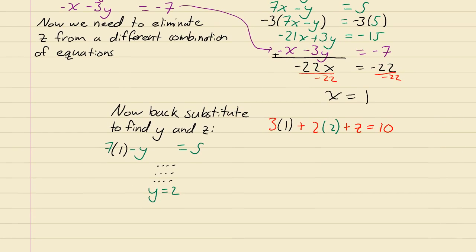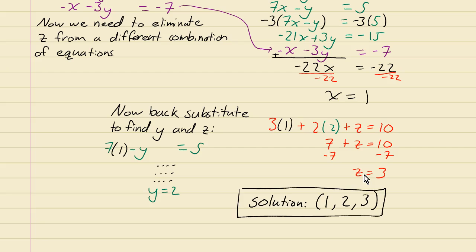And we can then turn this into 3 times 1 plus 2 times 2 comes out to 7. If you subtract 7 from both sides, you'll get z equals 3. And that should be the solution: x equals 1, y equals 2, and z equals 3.